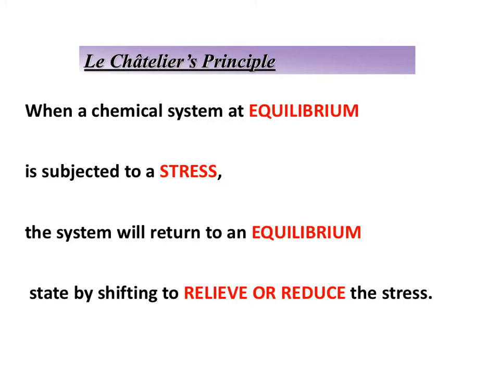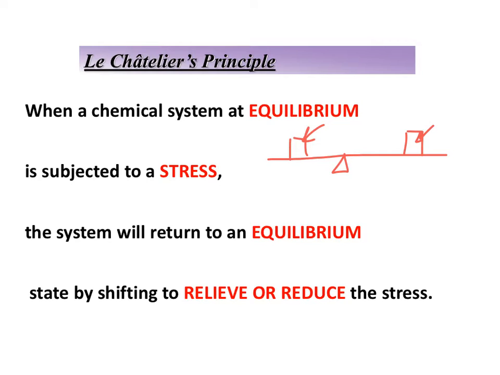Now, when we're talking about a chemical system at equilibrium, we're suggesting that it's kind of balanced. So if we have something like this, a balance, and in the lab sometimes we'd look at one of the old-fashioned pan balances. And if we have an equal amount of substance here as we do here, it's in equilibrium.